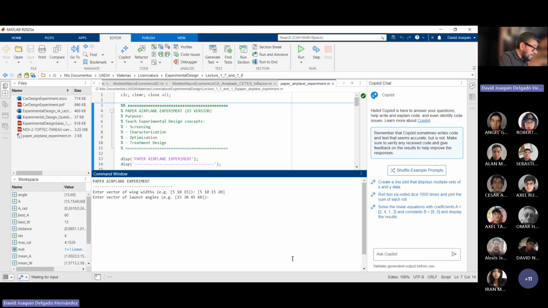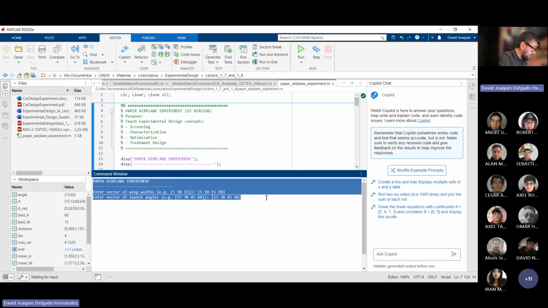And let us imagine that I have these different angles again. So it will be 15, 30 degrees, 45, and 60 degrees, okay? So let us run this script with this data.